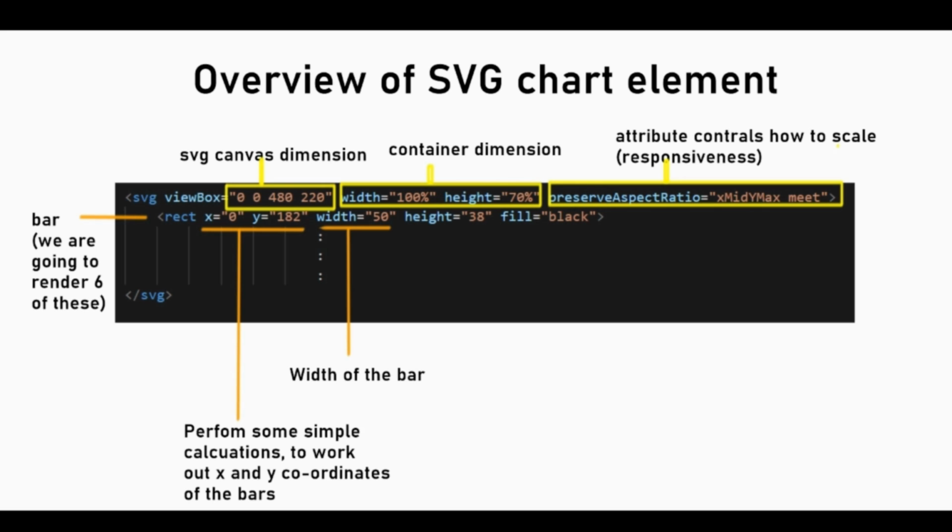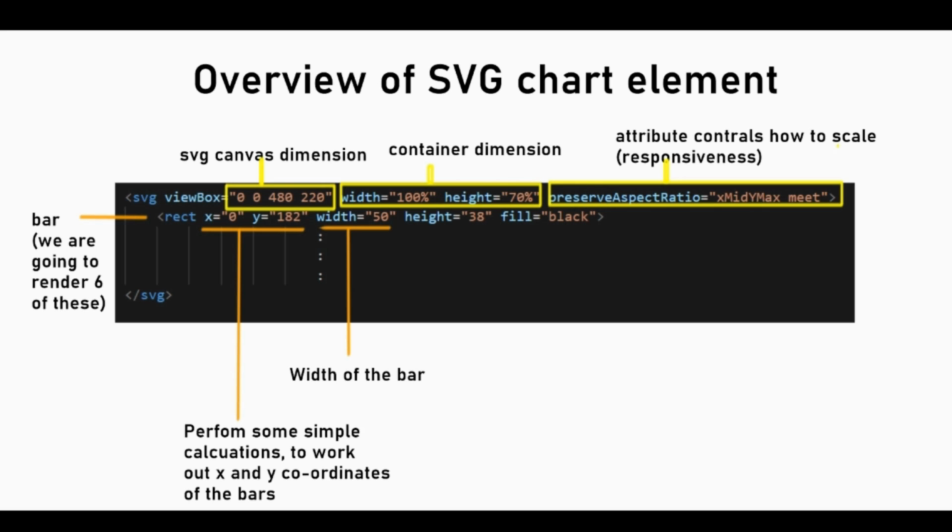Let's dig a little bit deeper into the SVG chart element. What you see on the screen at the moment is the markup for the overall structure of the SVG element that we need to render for our chart. I have drawn a yellow box around the important attributes that we need to concentrate on for our chart to render properly.